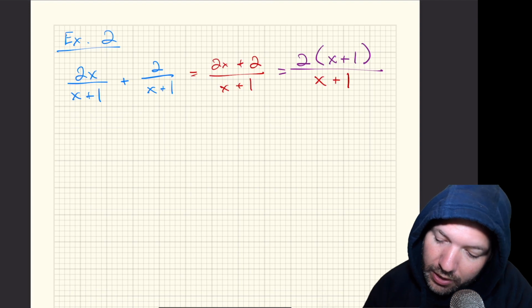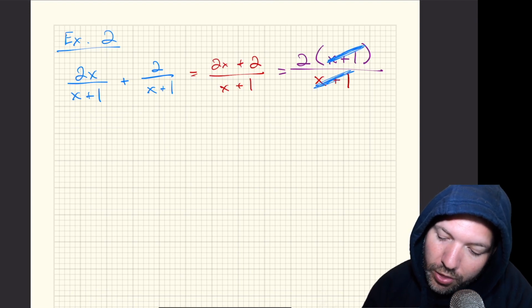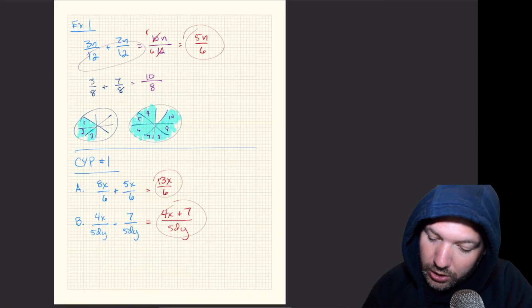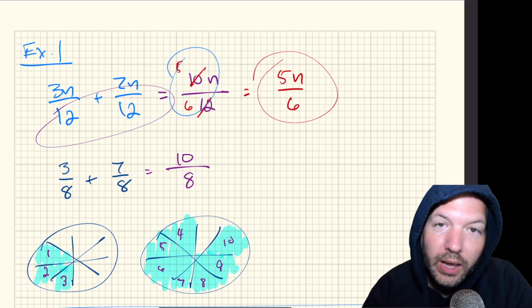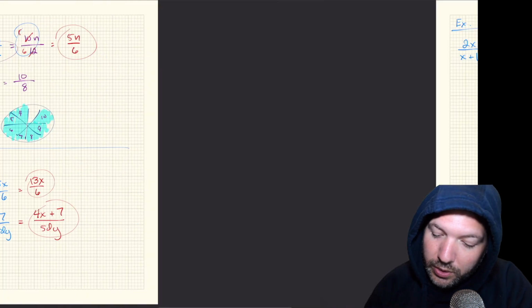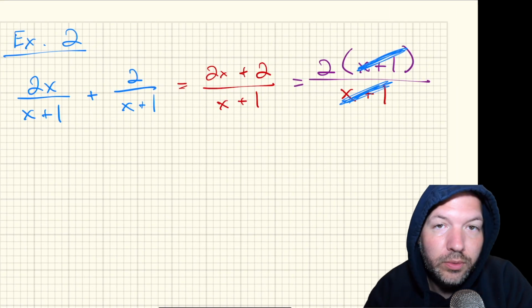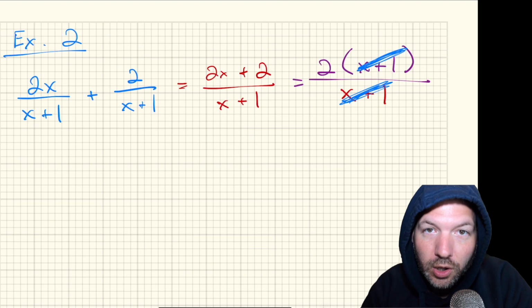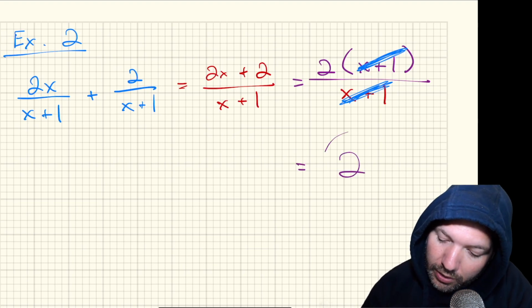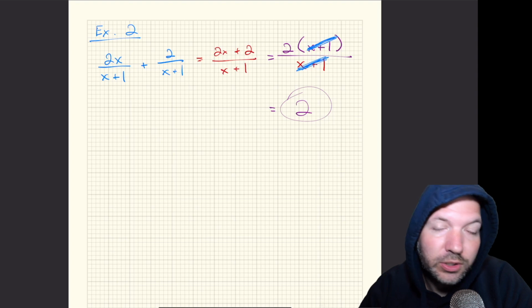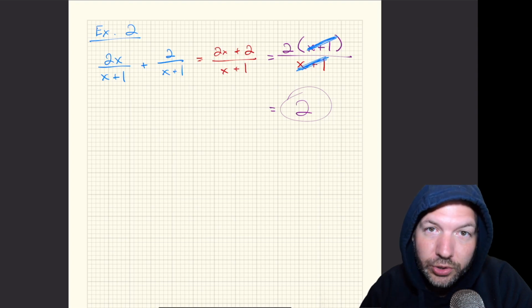And then once I do that, hopefully you notice, oh, those cancel. Just like over here, where we canceled a 2 out of the 10 and the 12 because it had the 2 in common, we can cancel binomial factors as long as they are in common between numerator and denominator. That's why we would say this expression simplifies down to 2.